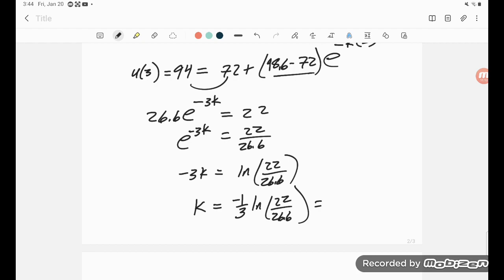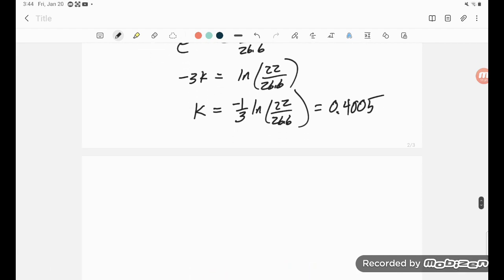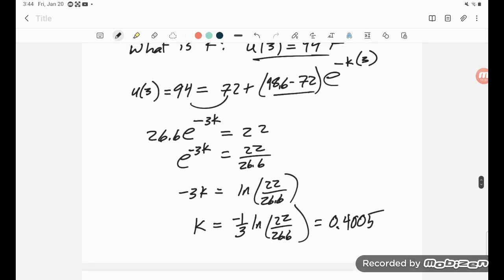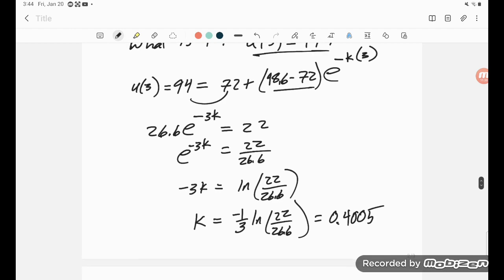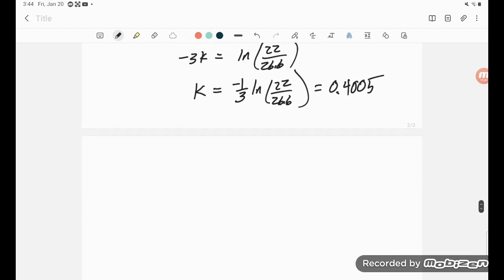It looks like that's about 0.4, 0.400489. I haven't looked at what the book uses, but so we've got k, and hopefully I did that right. We'll look in a minute.